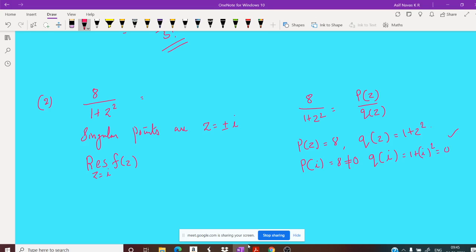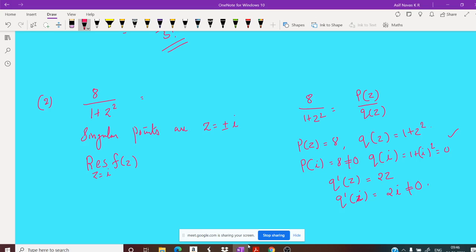So that satisfies. Now what is Q dash of z? Q of z is 1 plus z square. Q dash of z is 2z. Q dash of i is equal to 2i, not equal to 0.